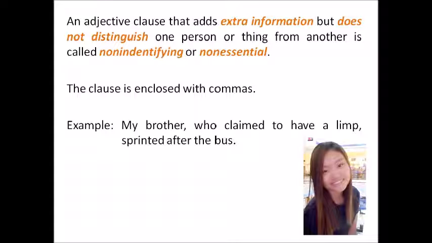This sentence is enclosed with commas because the adjective clause who claimed to have a limp is extra information about the noun, which is my brother. It is not necessary information, so we do not need it to understand what or who is being referred to. We still know which brother we are talking about even without the adjective clause.